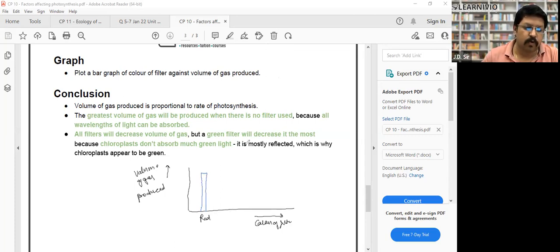Now come to the blue color. In blue color, should it be more than red or less than red? Less than red. No, more than red. Okay, just a minute, hold on. The maximum photosynthesis takes place in a mixture of red and blue.